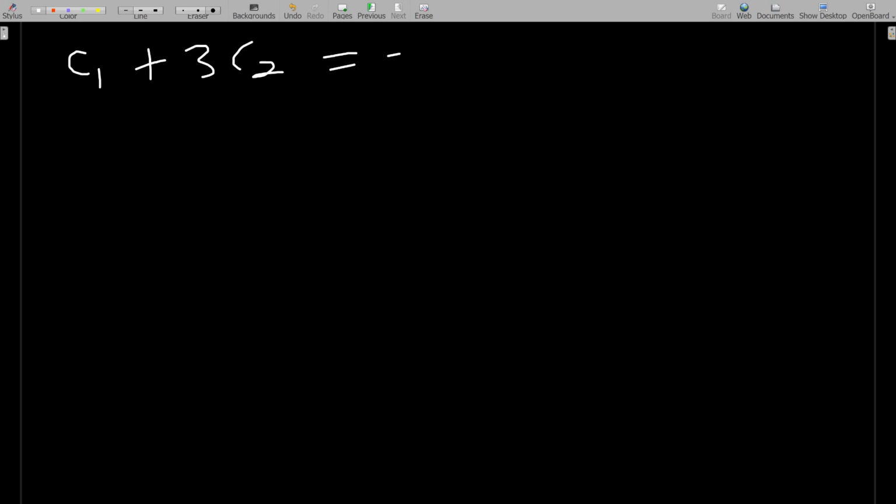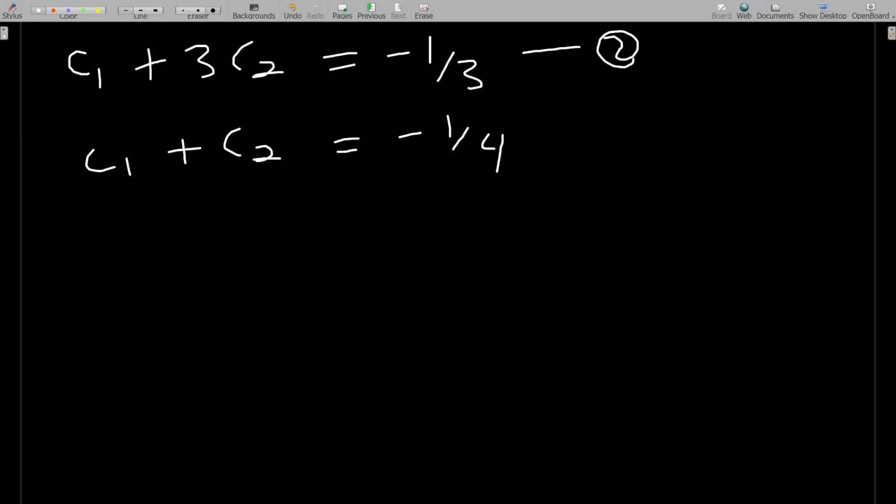So C1 plus 3C2 equals -1/3 as our equation 2, and our equation 3 was C1 plus C2 is equal to -1/4. Maybe you want to show us how you solve this equation mathematically.